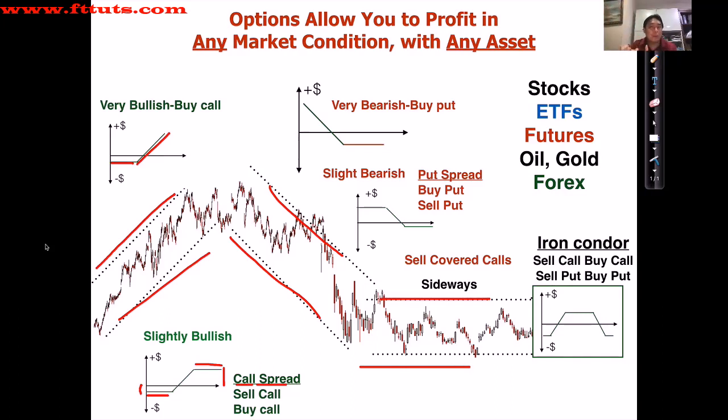You collect premium, right? Although it's going to be less premium than the long call. So the premium that you collect will be used to finance or offset the cost of your original call. So by doing that, the cost of the trade is much lower. At the same time, by buying a call and selling a call at the same time, the time decay begins to get netted off. In other words, you're not affected by time decay as much anymore.